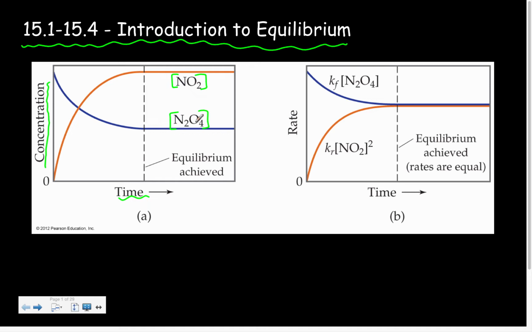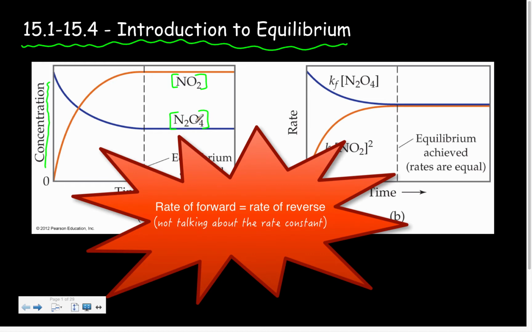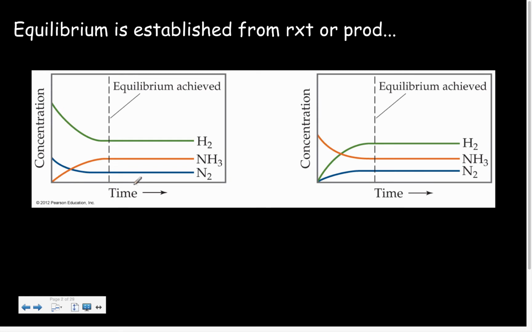So when we talk about equilibrium, macroscopically, there is no further change. Microscopically, concentrations are constant because the rate of the forward reaction equals the rate of the reverse reaction. Now note that equilibrium is established whether we start with reactants, or with products, or with a mixture that allows us to go in either direction.